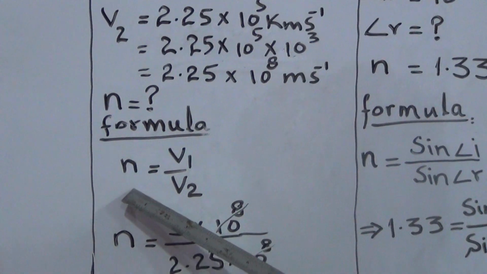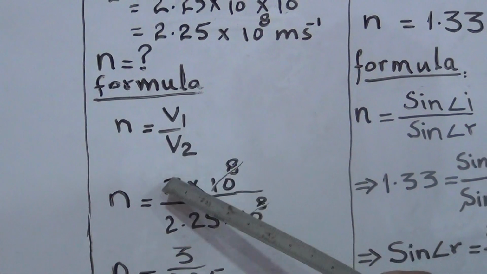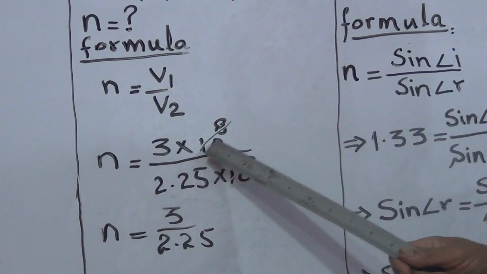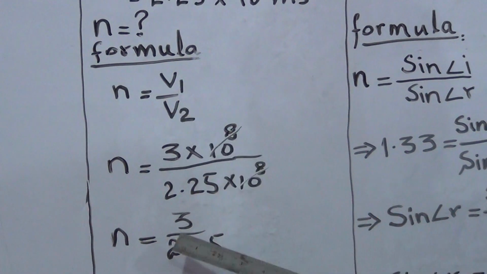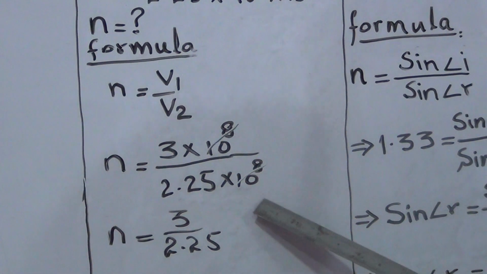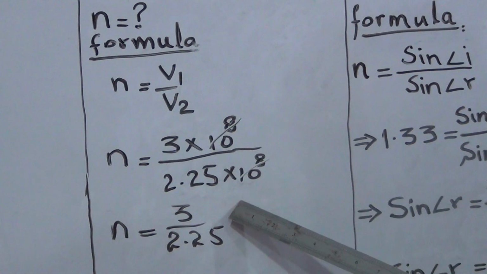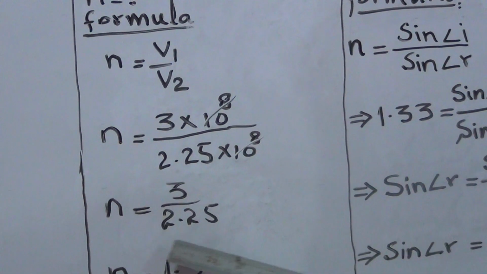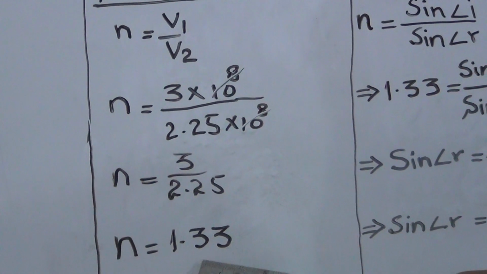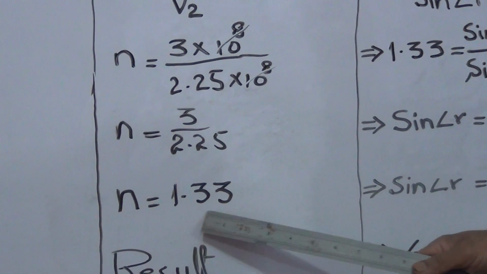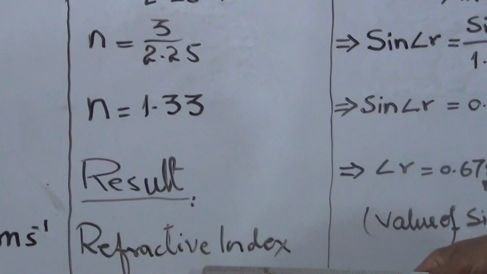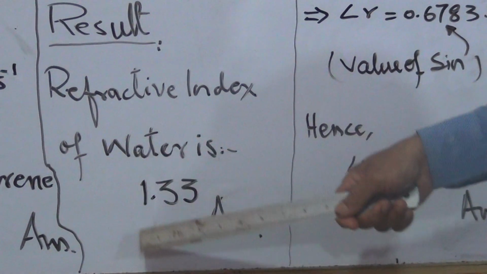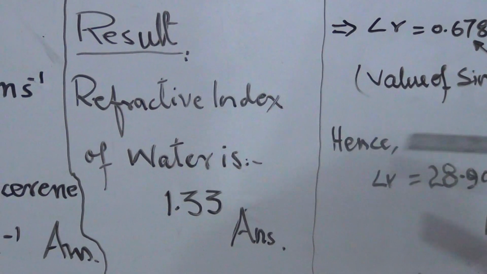Again the same formula, n is equal to V1 upon V2, where V1 is 3 into 10 raised to 8 and V2 is 2.25 into 10 raised to 8. 10 raised to 8 and 10 raised to 8 cancel. By calculation, this refractive index becomes 1.33. So the refractive index of water is 1.33. This is your answer.